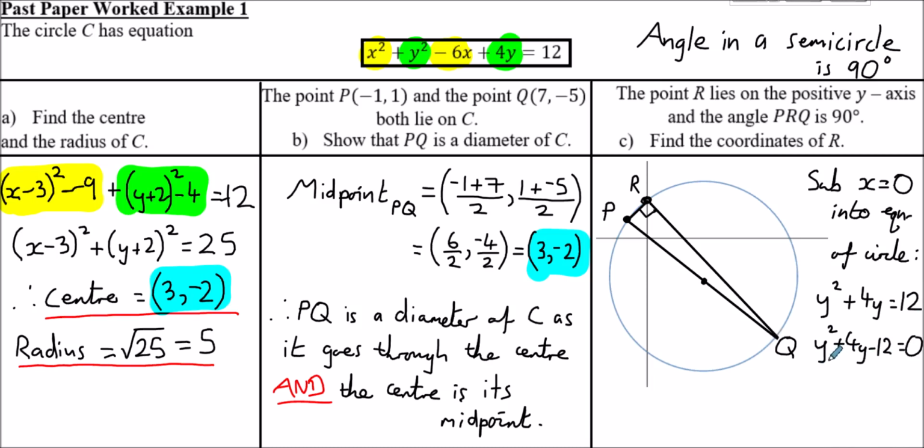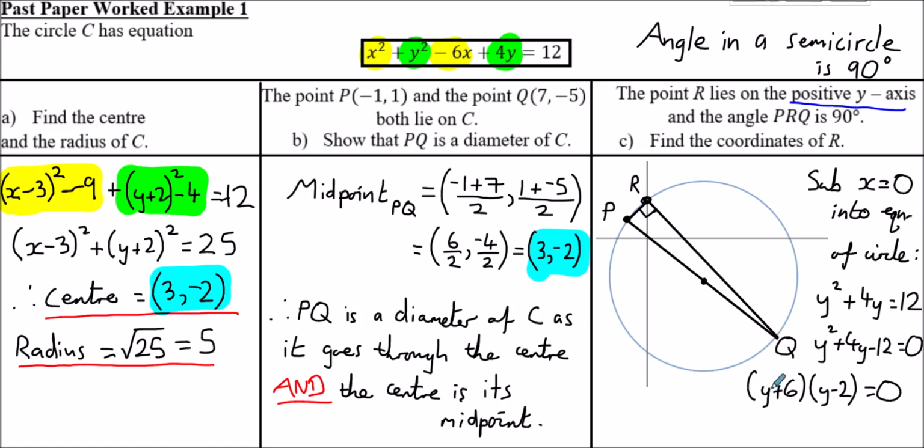This now factorises. Two numbers that multiply to minus 12 and add up to positive 4 are going to be positive 6 and negative 2. So we have y plus 6 and y minus 2. Now the other thing to notice is that R is on the positive y-axis, so the y value we're after can't be negative.